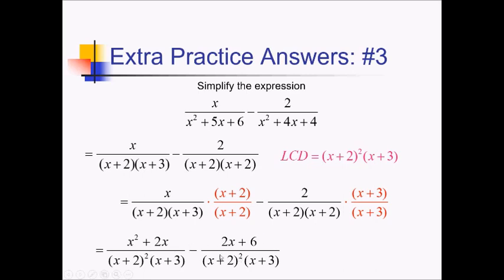Since we've got the same denominator, I can now combine these into one fraction with one big denominator of x plus 2 squared, x plus 3. And now I just have to actually combine the numerators by subtracting. So I've got an x squared. There's no other x squareds to combine with that, so I'll just write x squared here. And let's see here, I have a 2x, and I have a minus 2x.